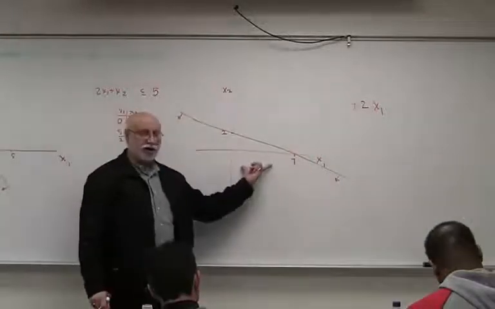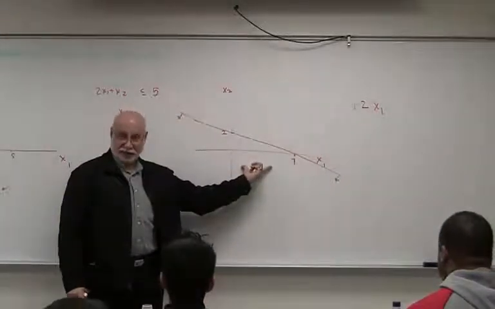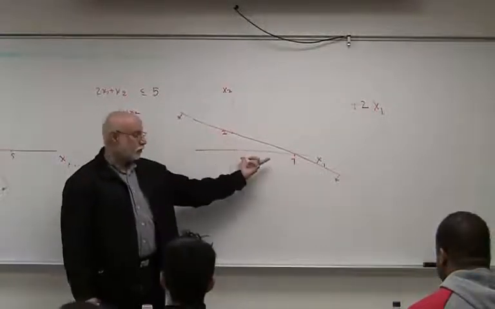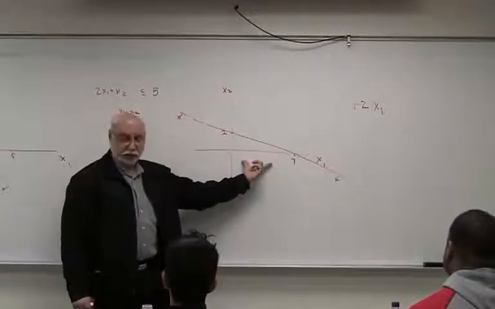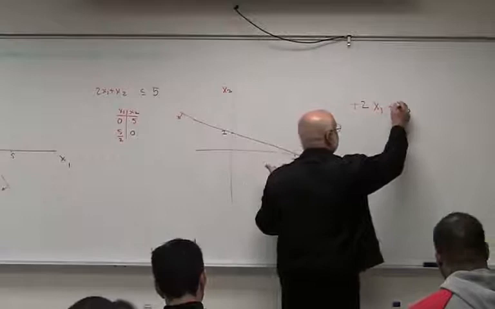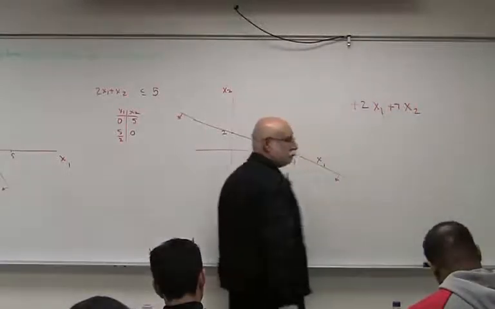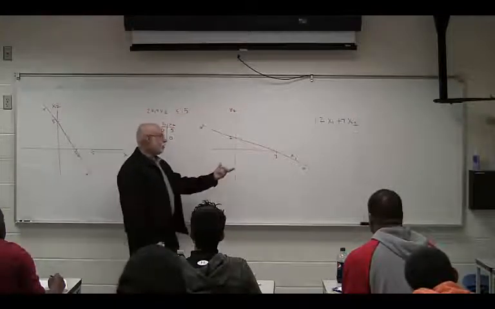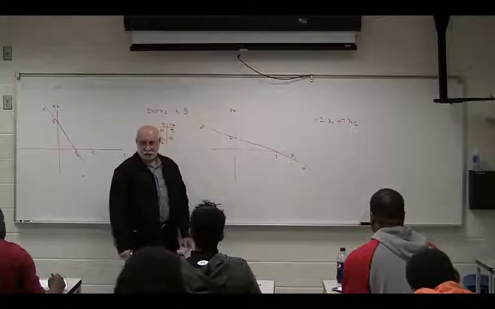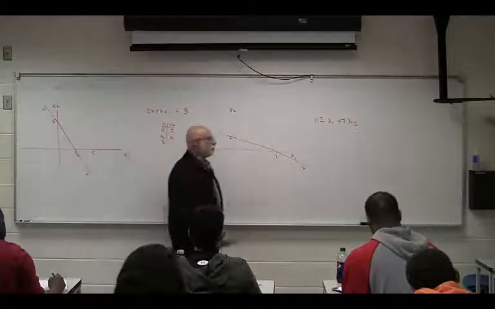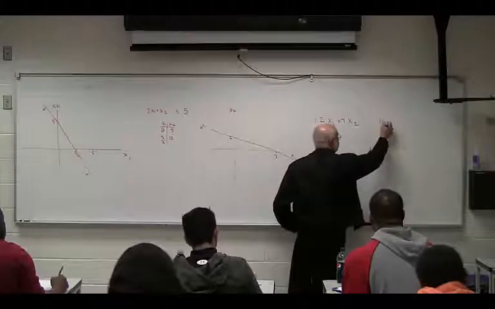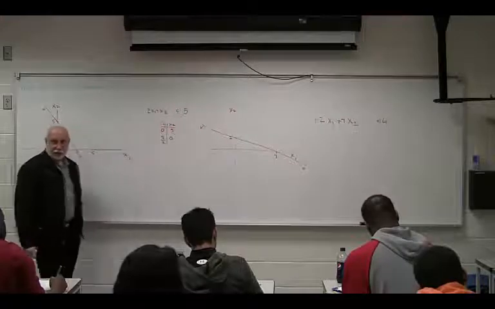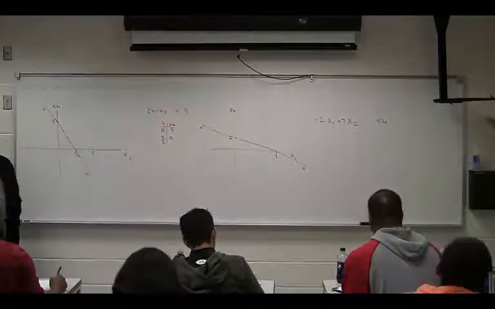I will count how much value I have on x1, 7, and multiply it by x2, plus 7 x2. Then I will multiply these two values together, 2 times 7, 14. That's plus 14. I put the signs in there so that you're clear on what we are doing.